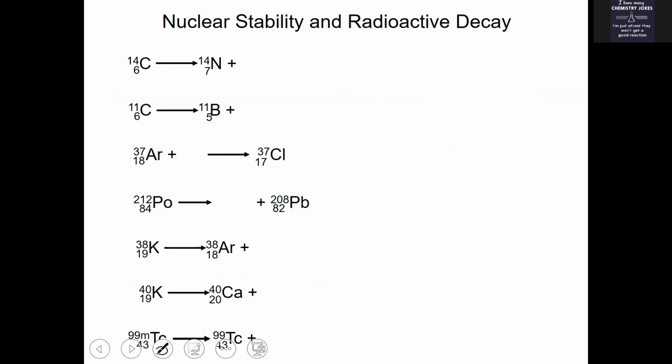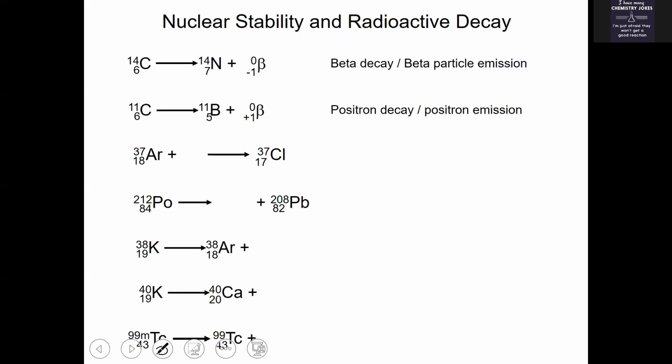So if we go through and balance all of these, making sure the reactants and the products have the same atomic symbol and mass symbol. In the top one, we eject an electron or a beta particle. That's called beta decay, beta particle emission. It's a decay because the beta particle is a product. In the next one, we're missing that thing, which is a positron.